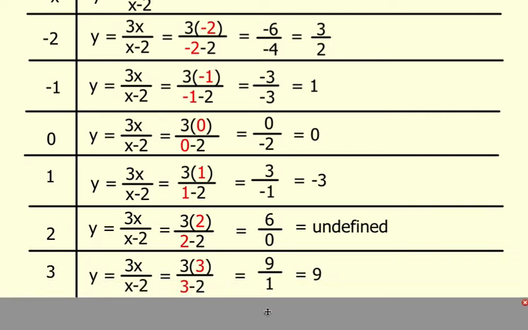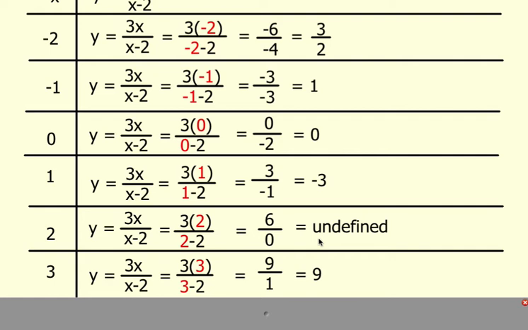So we're going to continue to do that until we might find one that actually gives us an undefined output. Please look at an x value of 2. When I substitute it into this function, I get a result that is undefined. I can continue to make this input-output table trying other values of x.